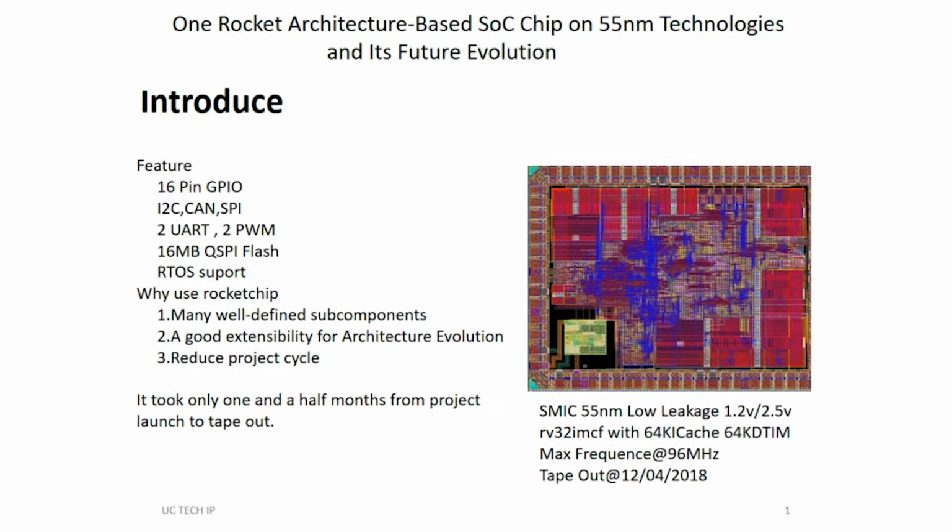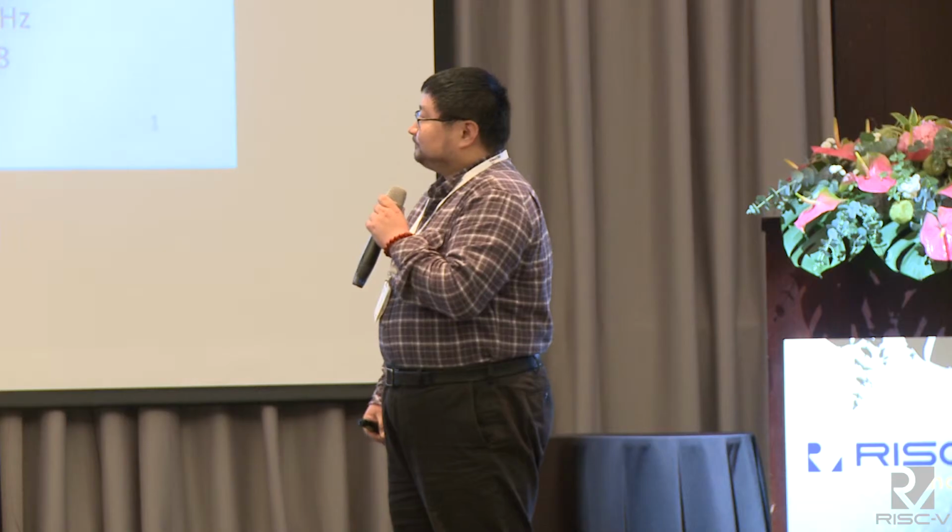Before the chip came out, we had it running on our FPGA development board. The question is why we use the Rocket Chip architecture. We have done some evaluation on this core for over one year.